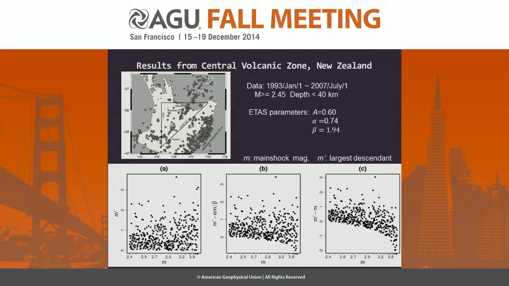For the volcanic region, alpha is usually very small. Here, I use the data from the central volcanic region in New Zealand. After stochastic clustering, against the magnitude of the starting events in the catalog, I plot the difference between the initiating event and the biggest events in the cluster.